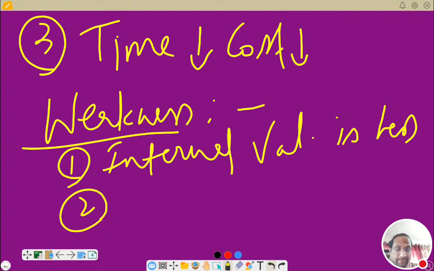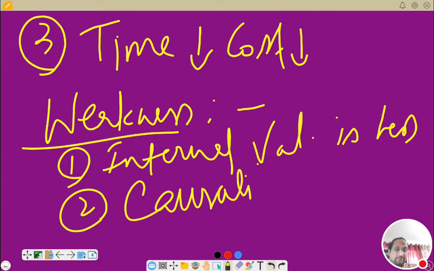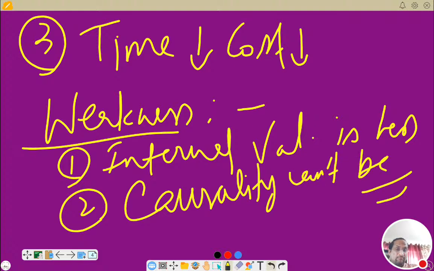And the biggest problem is that it cannot establish causality, cause and effect. Causality can't be established. As we have seen, the IV-DV relationship cannot be established objectively as it is done in experimental design. And what's the reason? The biggest reason is that EV control is not at all possible.